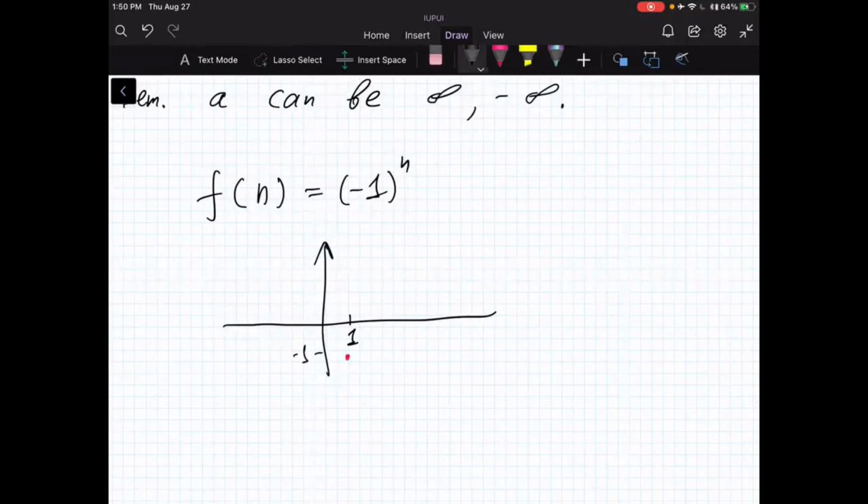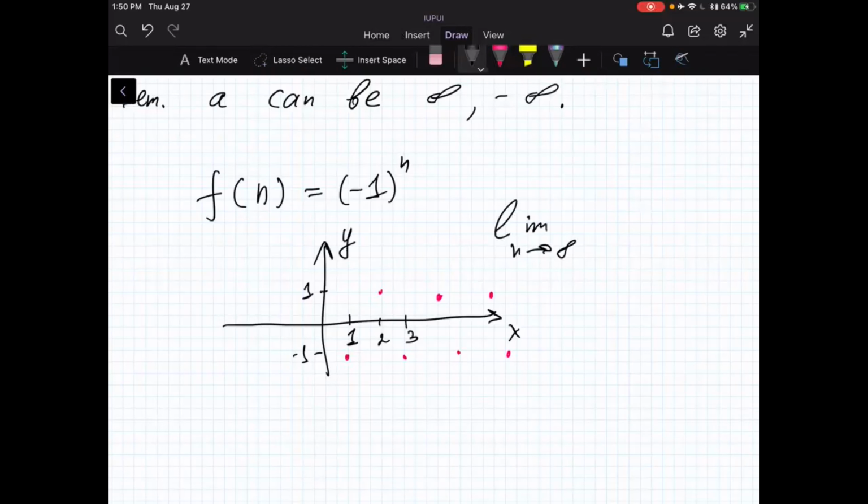At point 2, it will be 1. At point 3, it will be -1 again, and so on. So it continually jumps from -1 to 1. And there is no limit when n goes to infinity of f of n. It's not 1, because after a while it will jump to -1, and it's not -1 because on the next step it will jump to 1. So this limit doesn't exist.